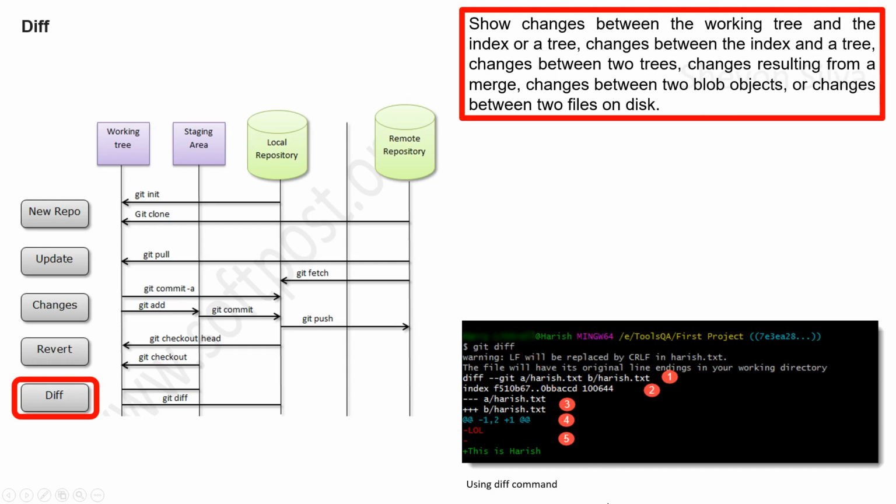Now let us break down the response given by git diff and understand things one by one. The first line shows the file names that have been considered as the input in git diff.